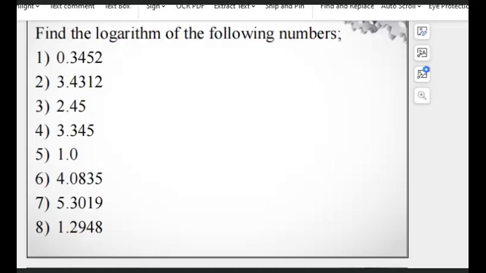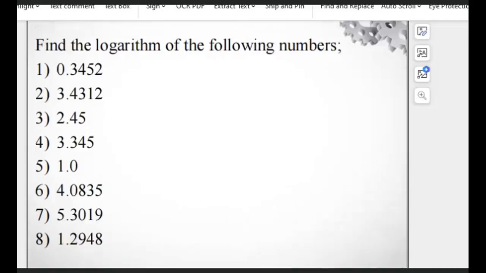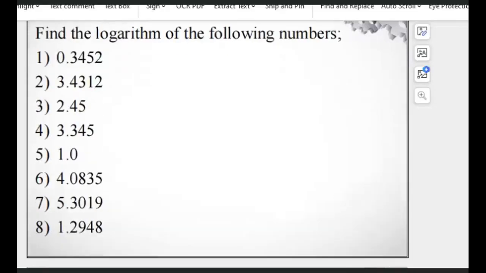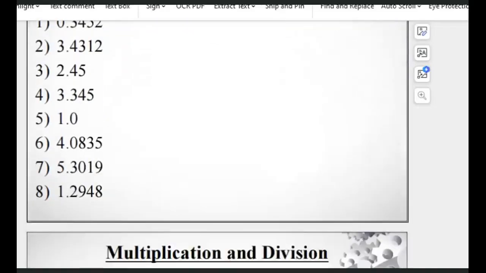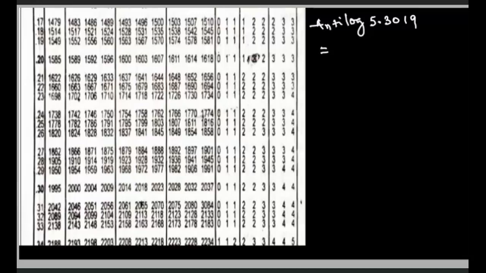So we are at the 7th question. Find the antilog of 5.3019. To find the antilog of 5.3019, we do the same thing which we've been doing.